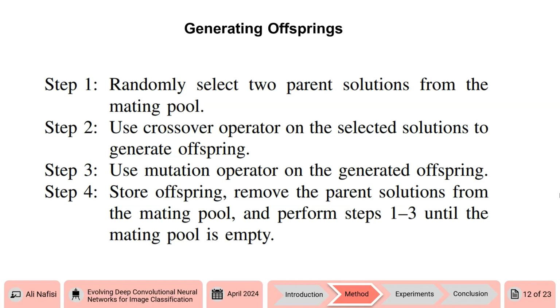We mutate those two offsprings with the mutation operator that we're going to discuss in the next slides. After that, we store those two offsprings, and we remove the parents that we chose from the mating pool, and we do this until the mating pool is empty. So all parents that were selected and placed in the mating pool will be used to generate offsprings, of course.